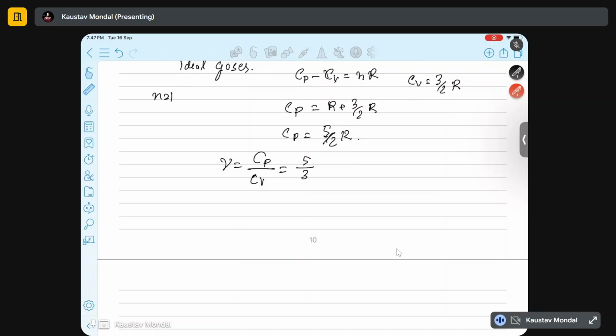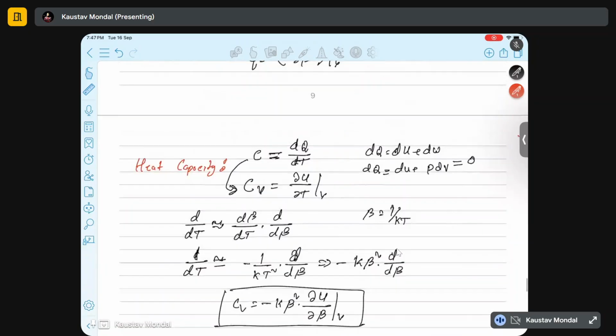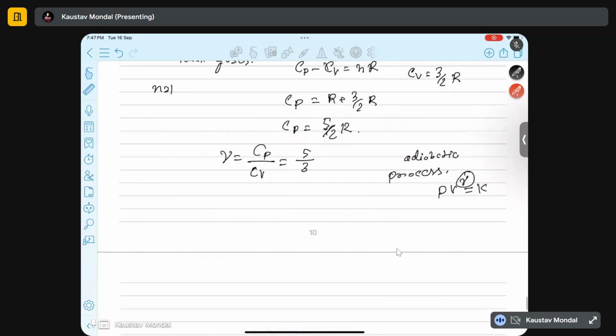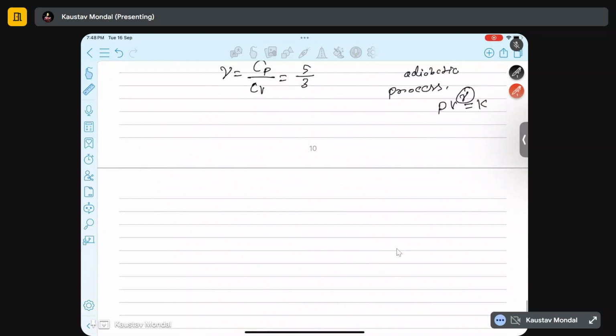For an adiabatic process, the equation of state for an ideal gas looks like PV to the power gamma is equal to a constant K. This factor is given by gamma equals the ratio Cp by Cv. So this is some preliminary discussion about specific heat. Now we'll do some problems.